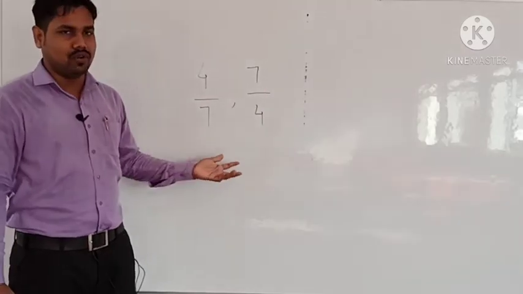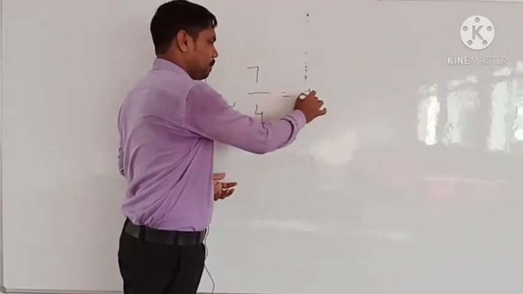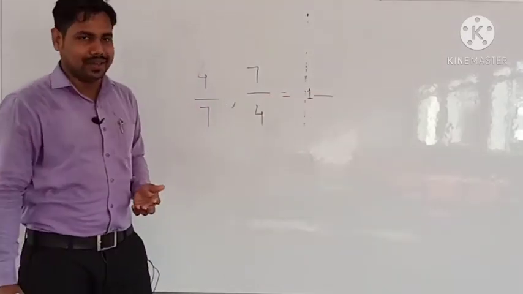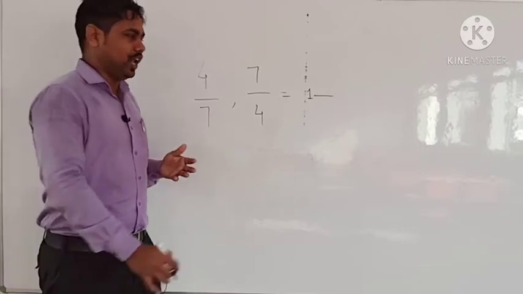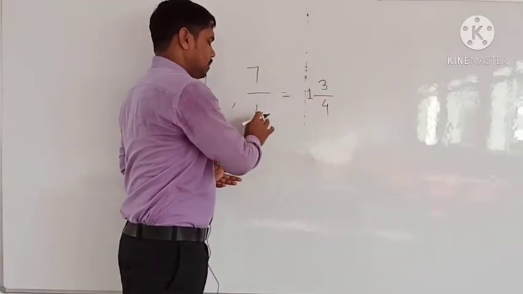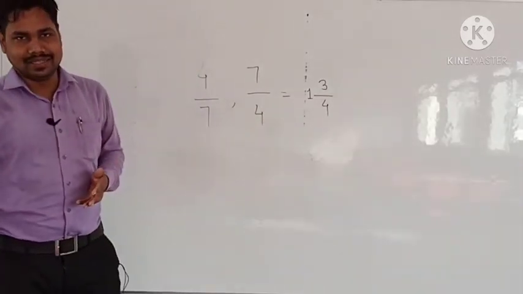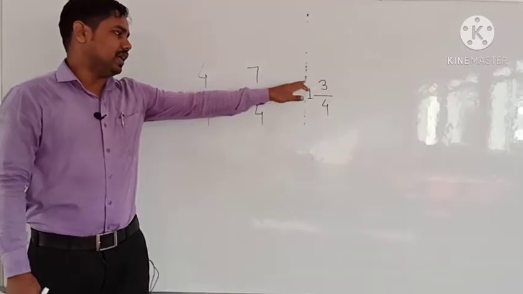So 4 1s are 4. 1 is the quotient we used to write as a whole number. After then whatever the remainder will be, 4 5 6 7, 3. So 3, the remainder, we used to write upside and the denominator will be as it is. So 1 whole 3 by 4 is the mixed fraction.